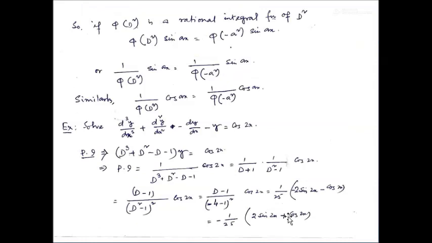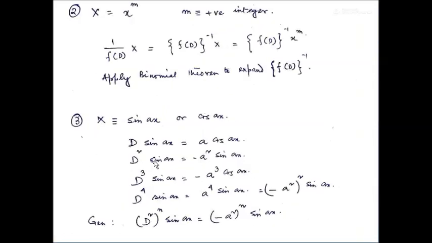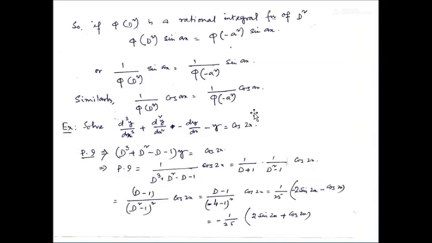Now if X equals sin ax, then phi(D square) becomes phi(minus a square), as you get here in this form. So you can write that 1 by phi(D square) into sin ax equals 1 by phi(minus a square) into sin ax. So the particular integral in the case where X equals sin ax or cos ax will be 1 by phi(minus a square) into cos ax.